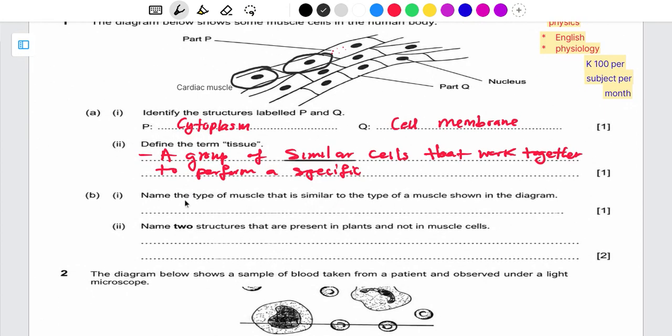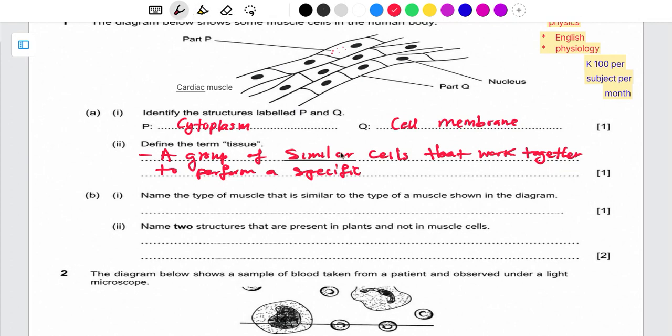And then for question B, since this one is a cardiac muscle, the question here is saying name the type of muscle that is similar to the type of muscle shown in the diagram. We know that this is the cardiac muscle, because it has striation.